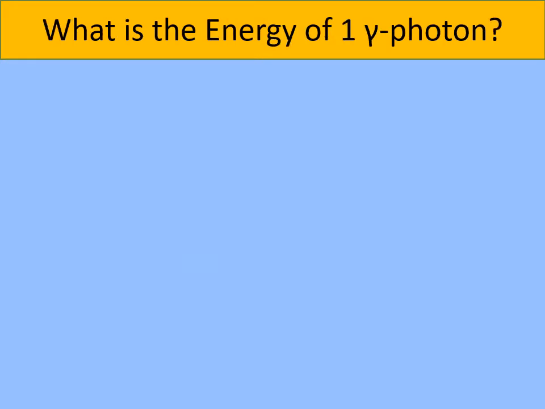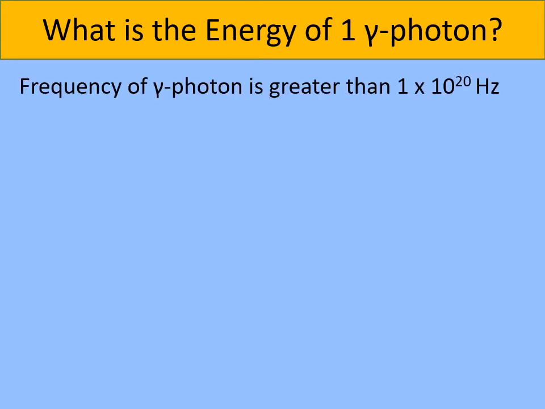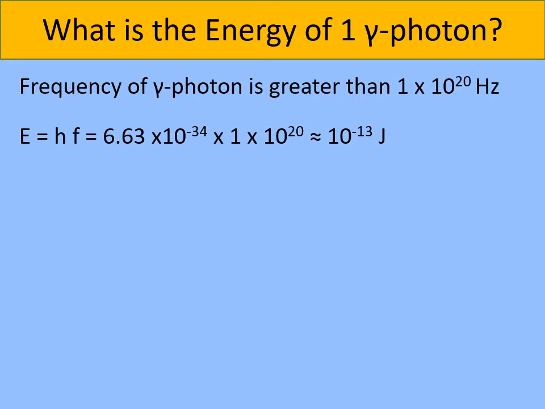So what is the energy of one gamma ray photon? Well, gamma rays typically have frequencies greater than 10 to the power 20 hertz. Now, the energy of a gamma photon is therefore greater than 6.63 times 10 to the power minus 34, Planck's constant, multiplied by the frequency, which is 10 to the power 20, which means that they will have an energy that is greater than approximately 10 to the power minus 13 joules.